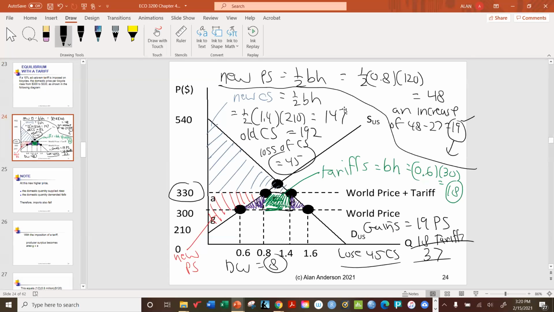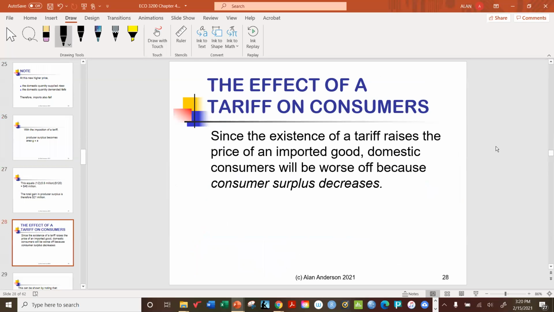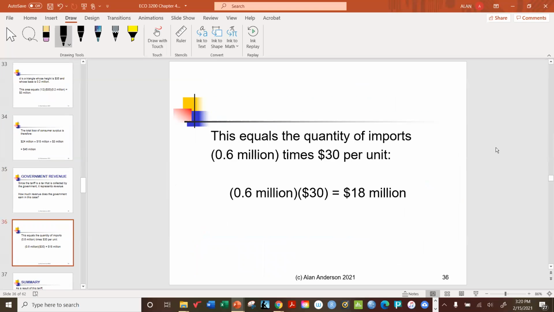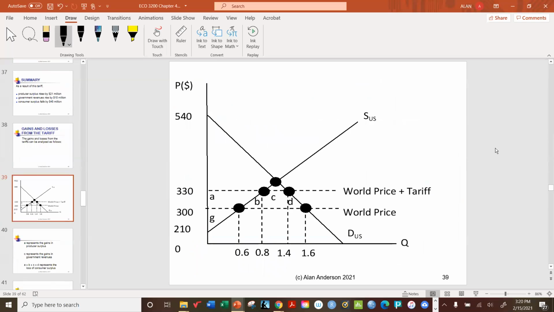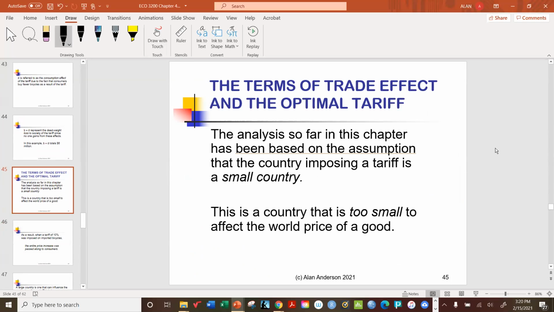Okay. Now we're ready for what comes next. What happens if, oh, okay, so we can change our analysis. We're assuming basically that the country imposing a tariff is a small country.